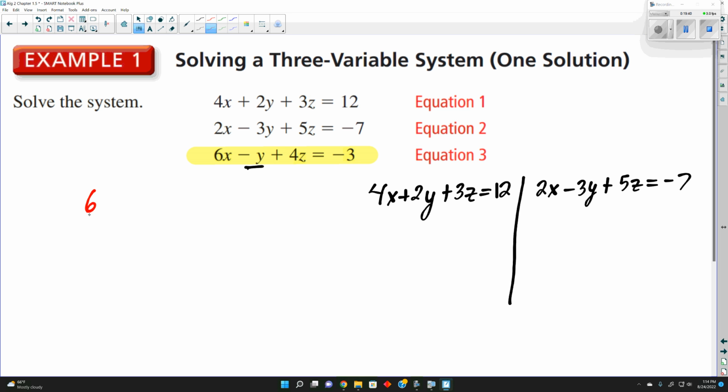So we're going to take the other equation, 6x minus y plus 4z equals 3. And we're going to multiply the whole thing, every part of it, by 2. Now 2 times 6x is 12x, minus 2 times negative y is negative 2y, 2 times 4z is 8z, 3 times 2 is 6.